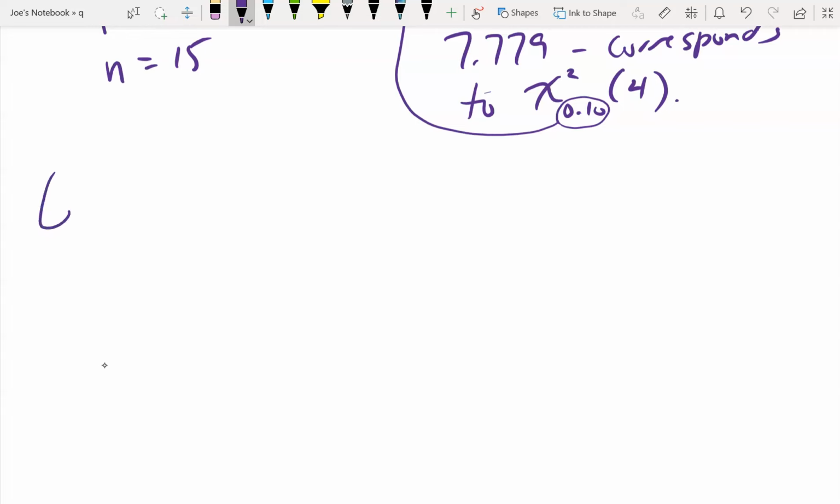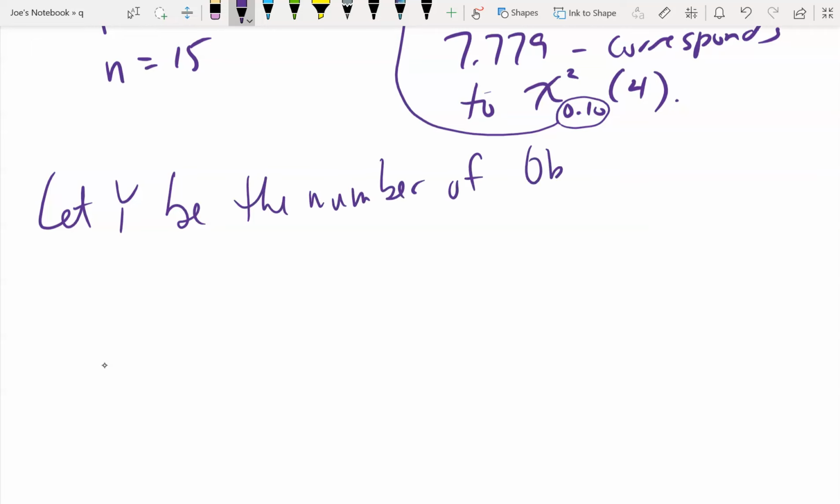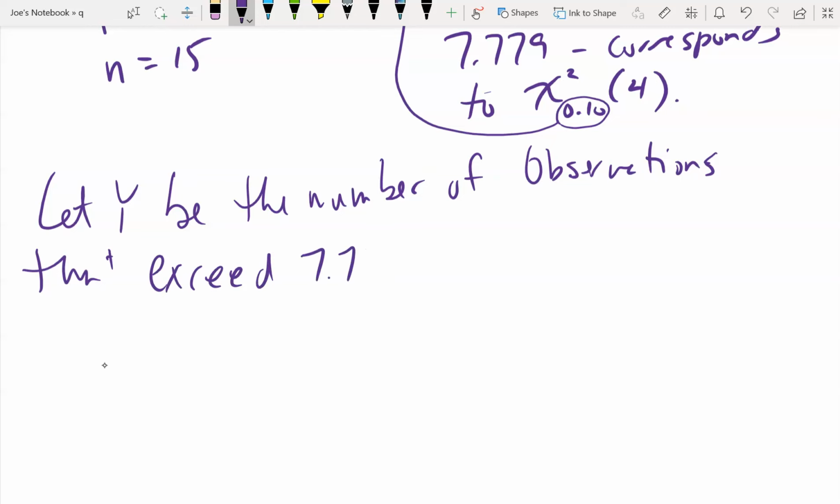So if we say let y equal the number of observations that exceed 7.779, then we want the probability that y is less than or equal to 3.